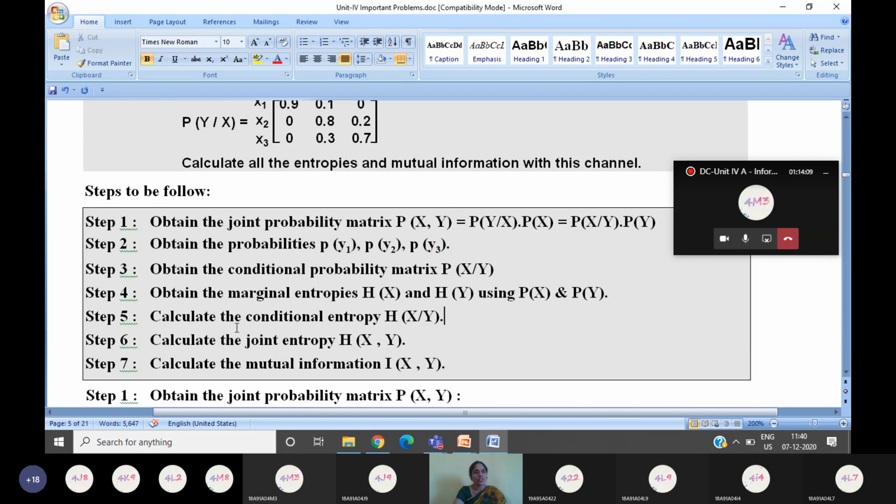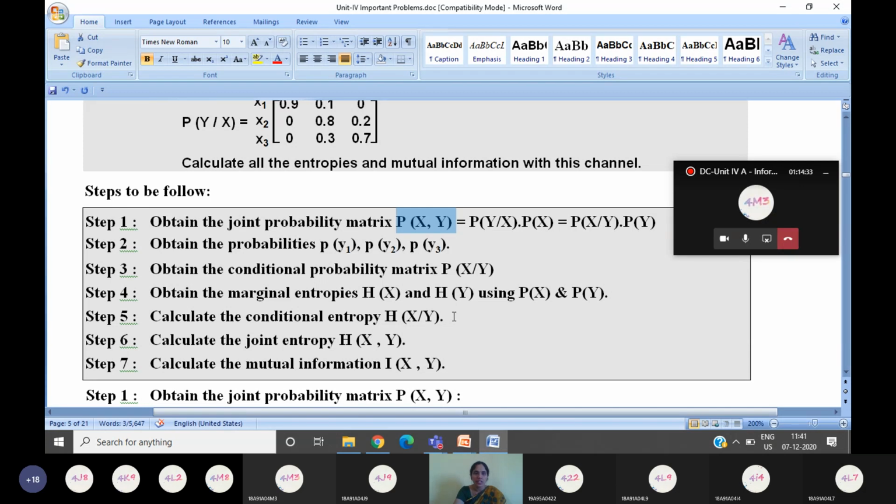Okay, so after calculating the marginal entropies, next calculate the conditional entropy. Now to calculate the conditional entropy, you should know p of xy, that is the joint probability matrix, and the corresponding conditional probability matrix. What is the corresponding conditional probability matrix for conditional entropy h of x by y?